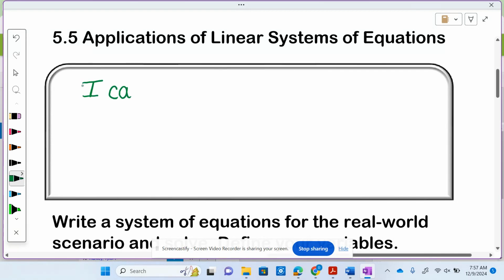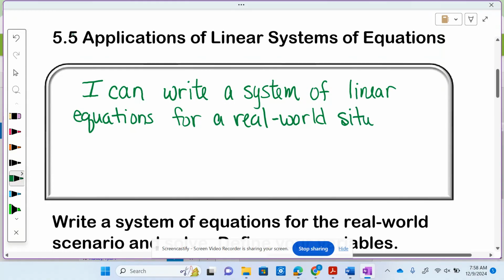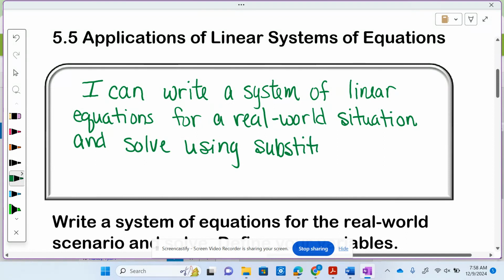I can write a system of linear equations for a real world situation and solve using substitution and elimination.